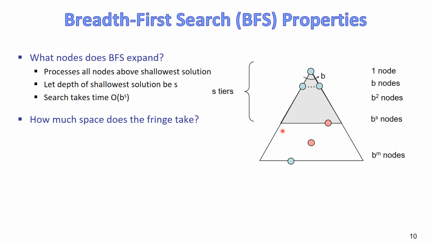So at any point in time, the maximum number of nodes in the fringe will be the number of nodes in that tier. So the worst case will again be B to the power S, where S is the tier of the shallowest solution. So that's the space complexity. That's the maximum memory needed for BFS.